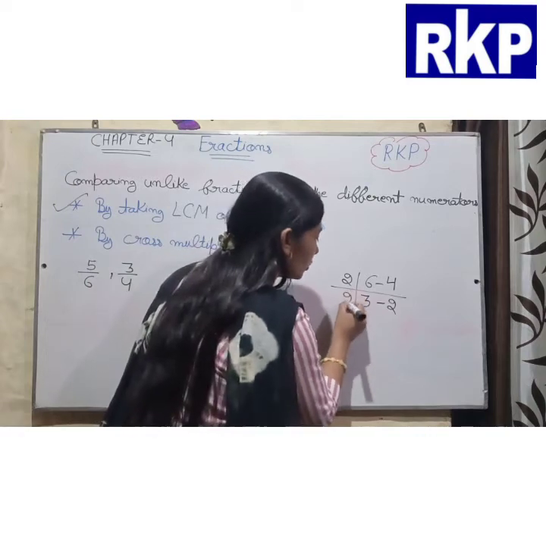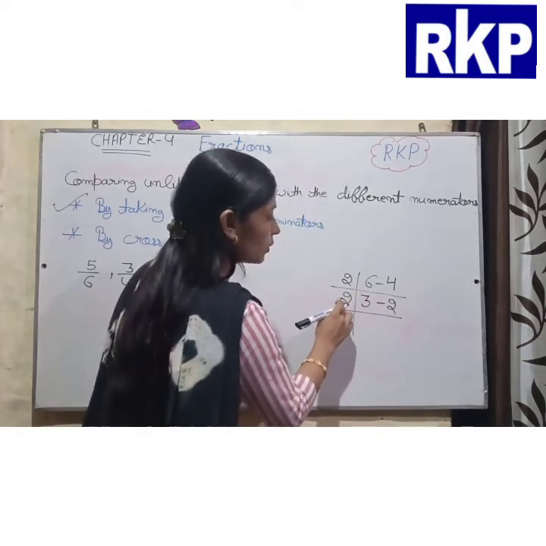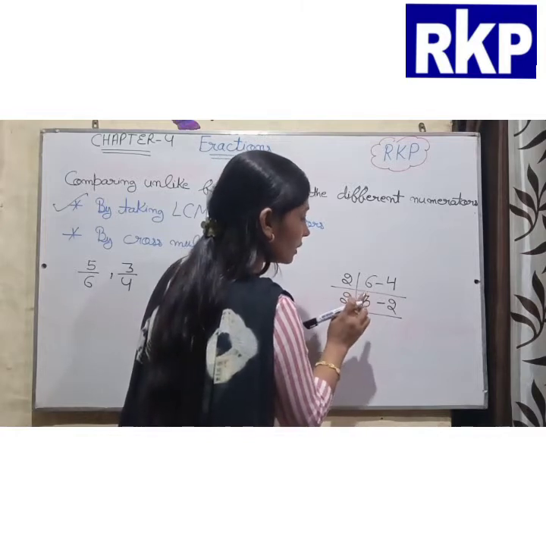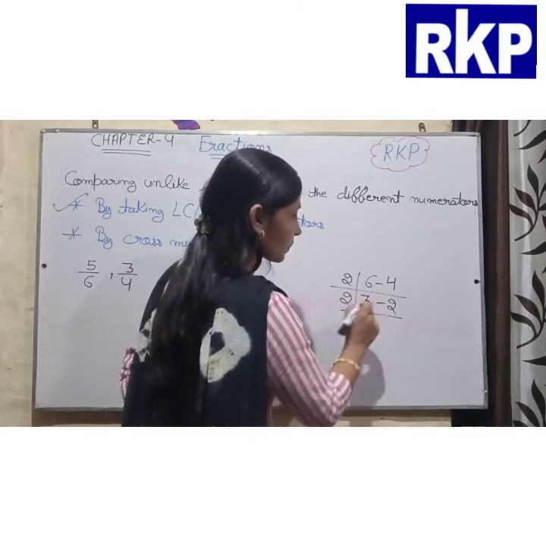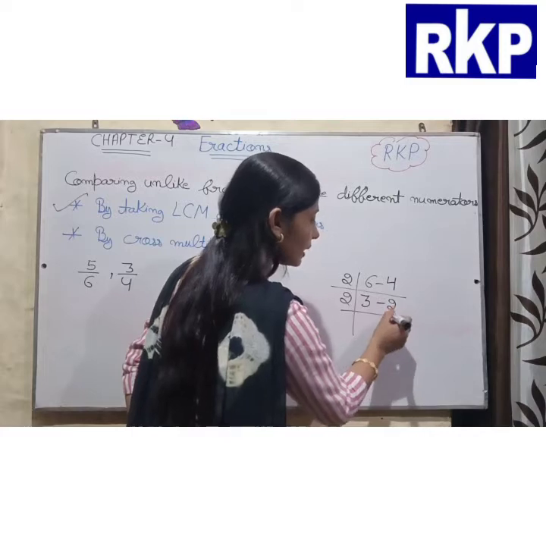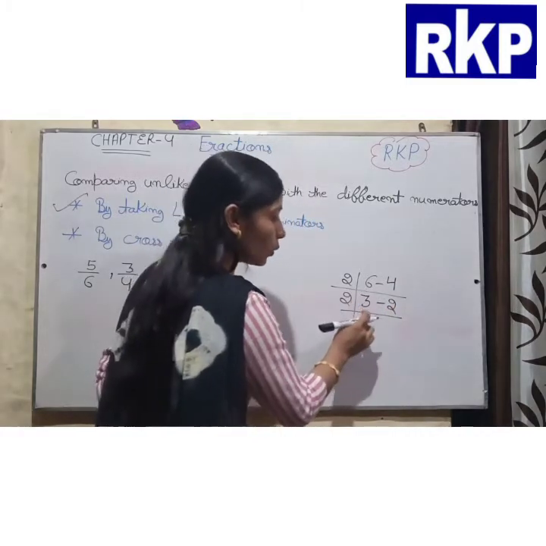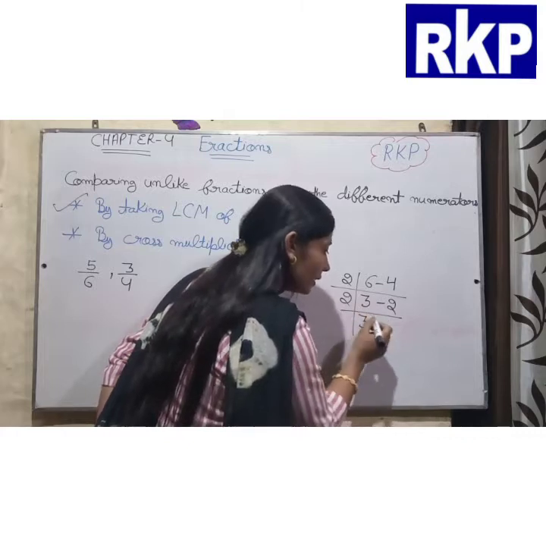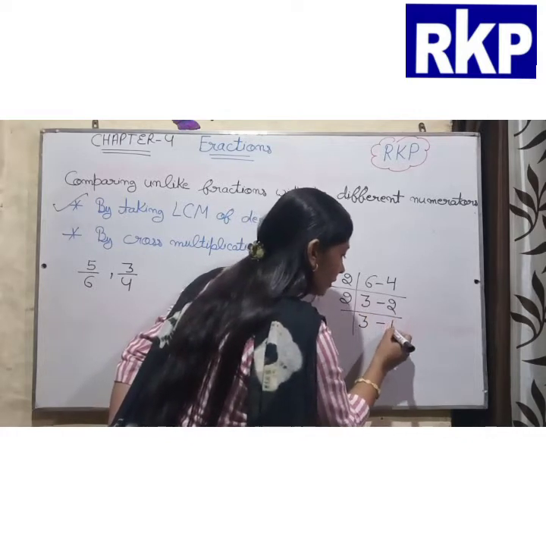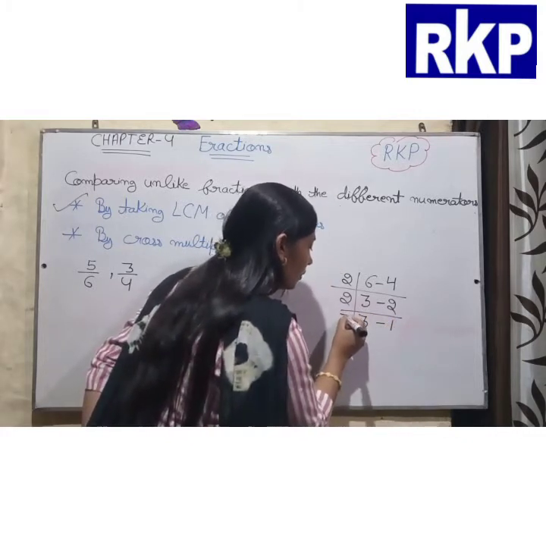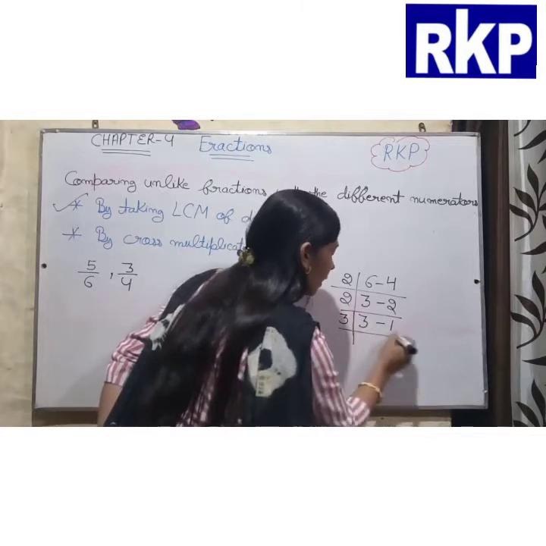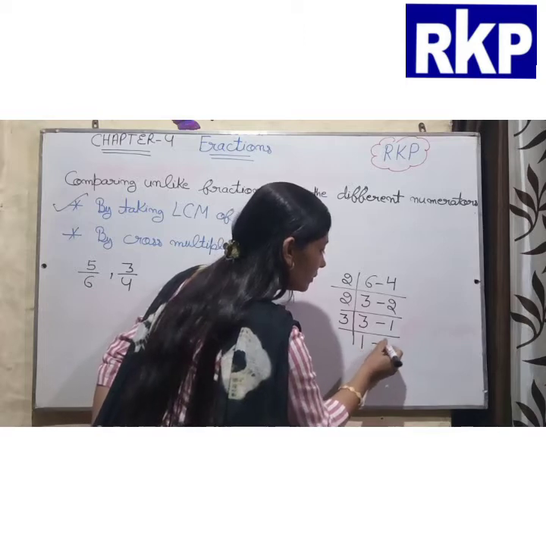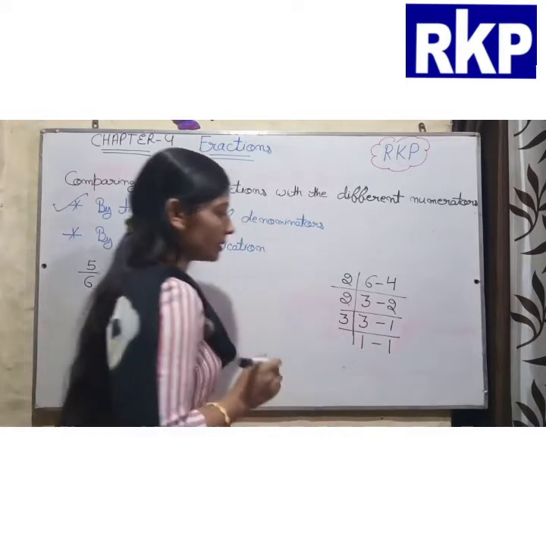So write here 2, because 2 is a prime number. If we divide 2 by 2, we will get 1. But we cannot divide 3 by 2, so we write 3 as it is, and here 1. Now write here 3, and when we divide 3 by 3, we will get 1, and here 1 as it is.